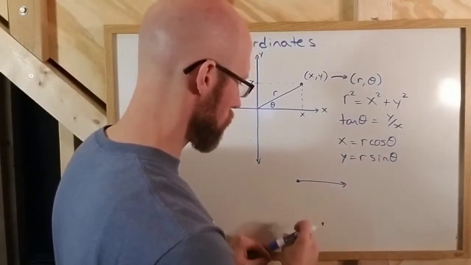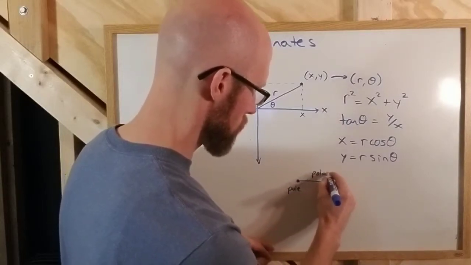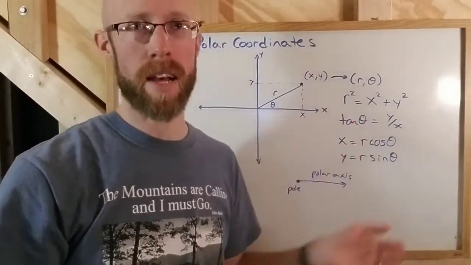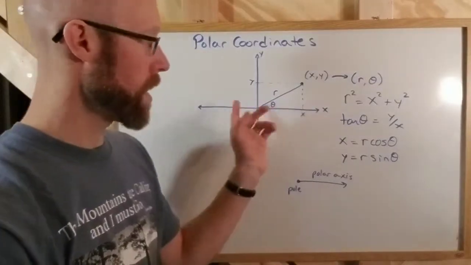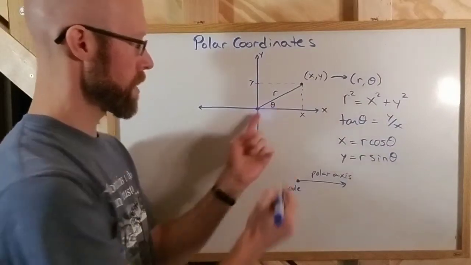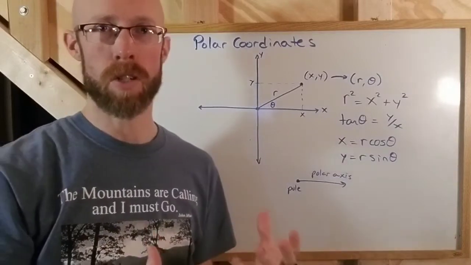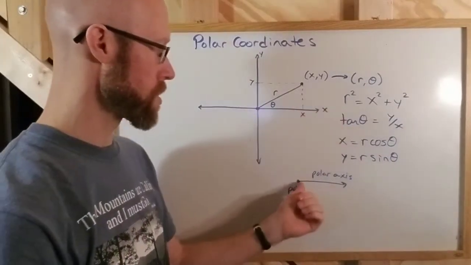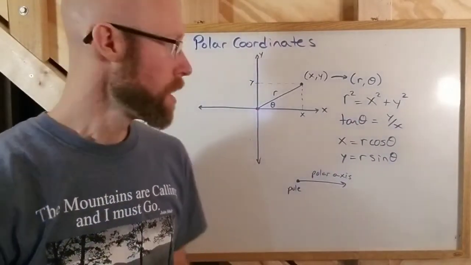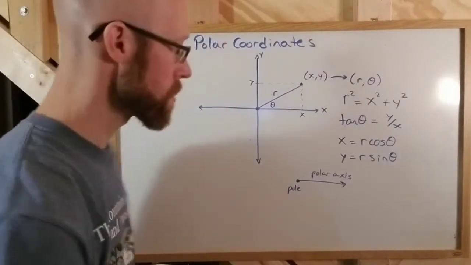The pole is essentially the origin, and the polar axis would correspond to what we refer to as the positive x-axis on a rectangular coordinate system. So your pole is the origin here, and the polar axis is your positive x-axis. And then everything gets measured off of those two things. So your radii are the distance to the pole, and the angle is your angle off of the polar axis. So now we can do some converting. We can do some identifying of points.